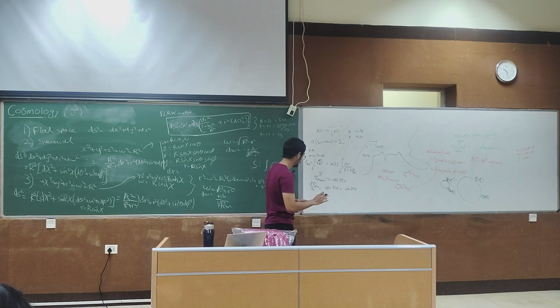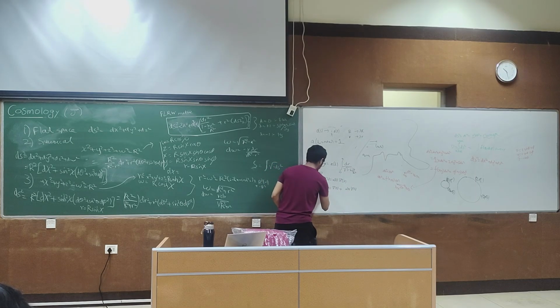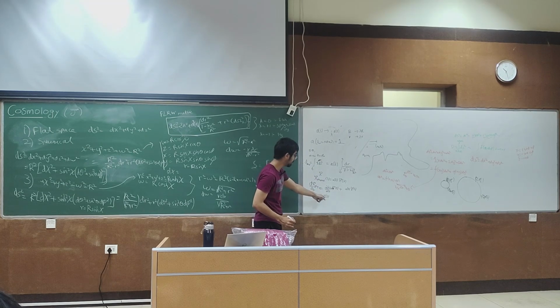Now this we can divide by a of t, multiply by a of t, and what we get is this quantity a dot of t by a of t, which is called the Hubble parameter.